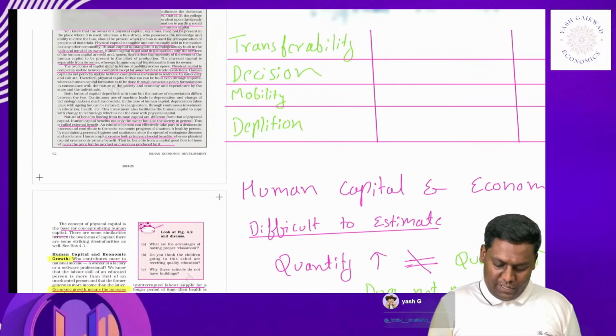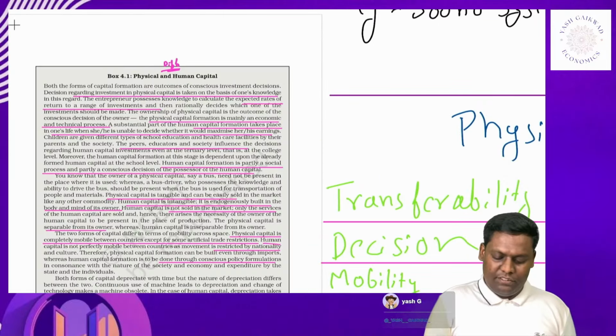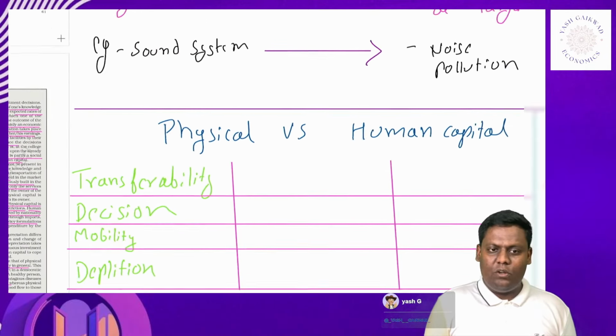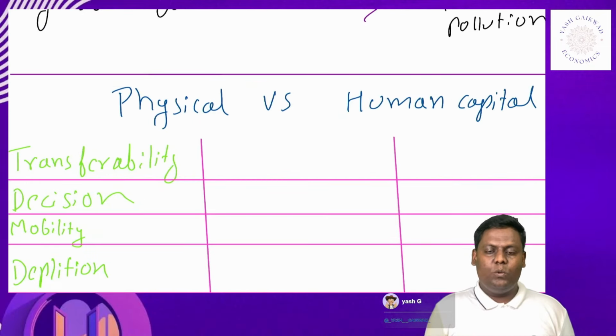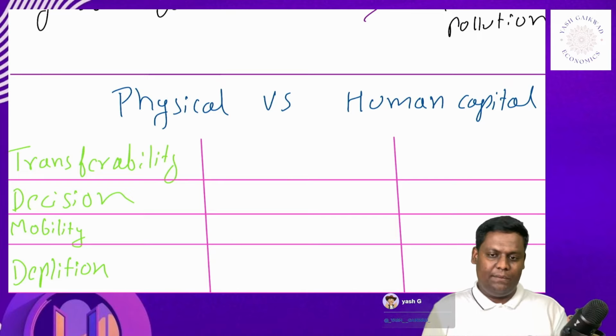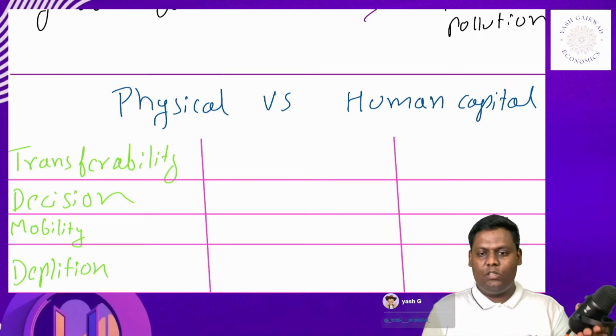Now, before we move ahead, let us understand the differences between physical capital and human capital. When we talk about physical capital, we mostly talk about things that are tangible in nature, that you can touch, feel, and hold. For example, this microphone right in front of me. This is an example of physical capital, a good that I can actually hold.